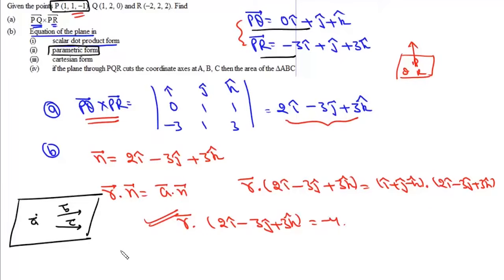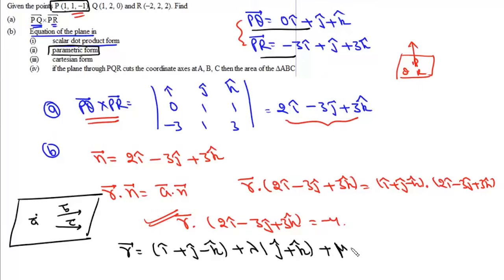We can write the equation of this plane as r equals i plus j minus k plus lambda PQ, which is j plus k, plus mu times minus 3i plus j plus 3k. So this is the equation of the plane in parametric form.